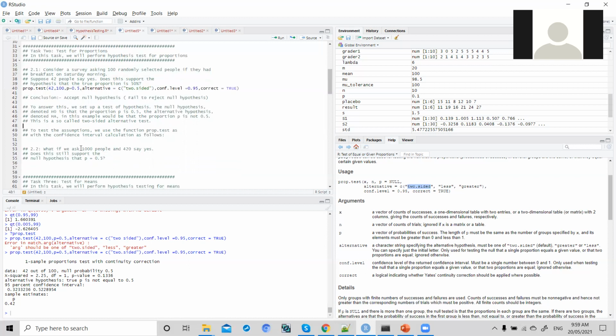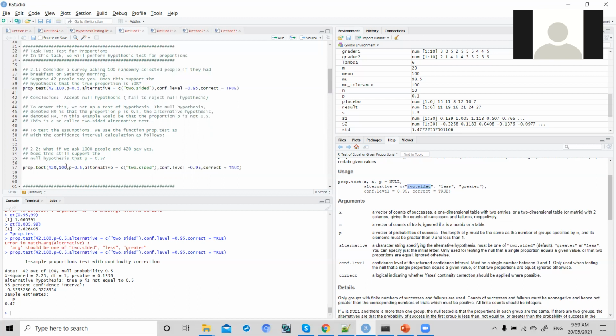And another one will be, let's say we increase the number of people to 1000 and your sample value to 420. In this distribution, your sample is 420.